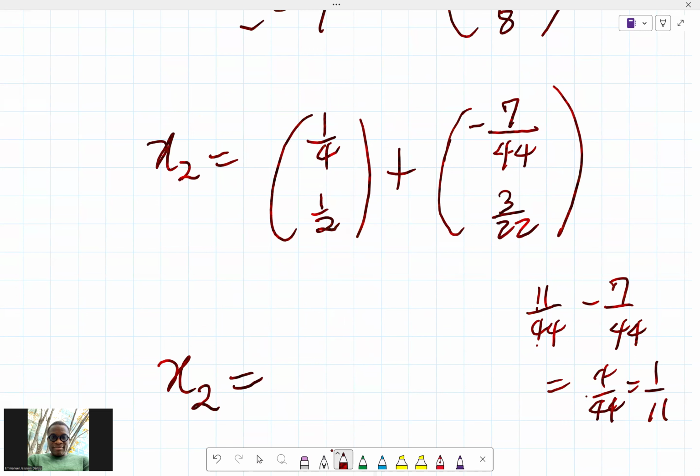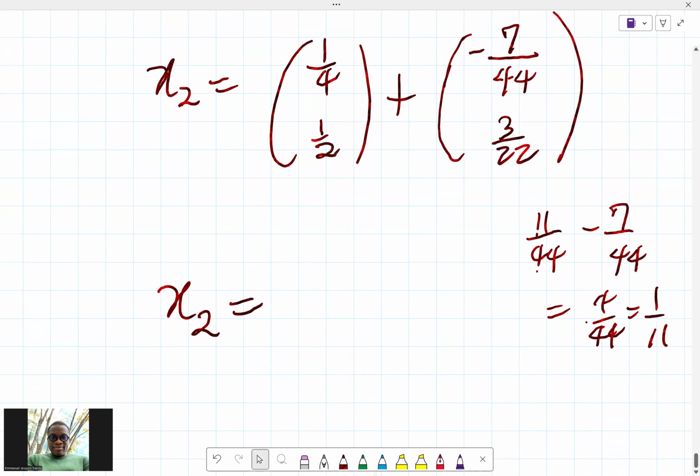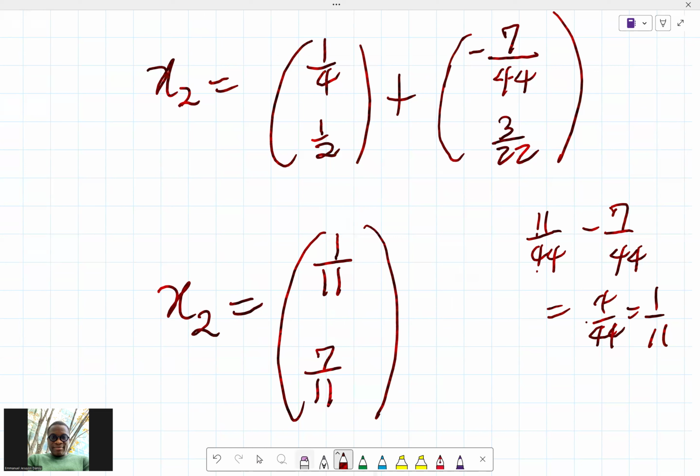Then when we come here, this is like 11 over 22, that's 1 over 2. So 11 plus 3 is 14. So we have 14 over 22, which is 7 over 11.